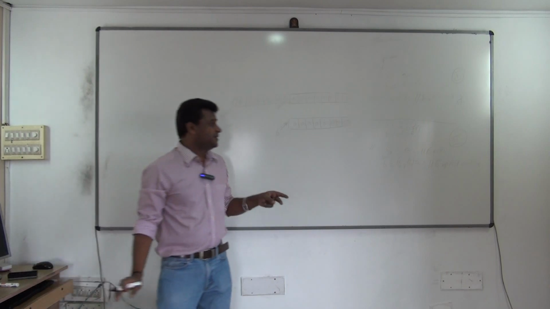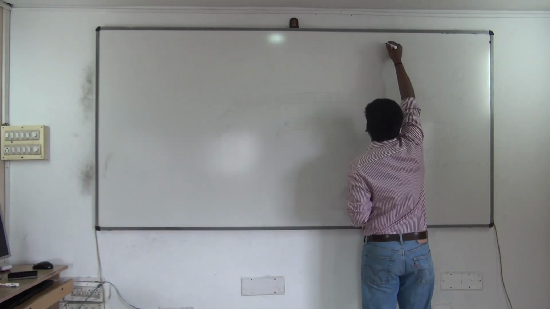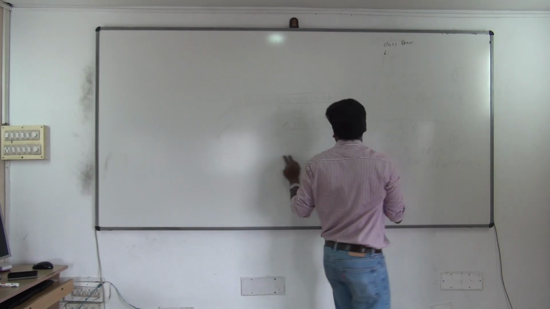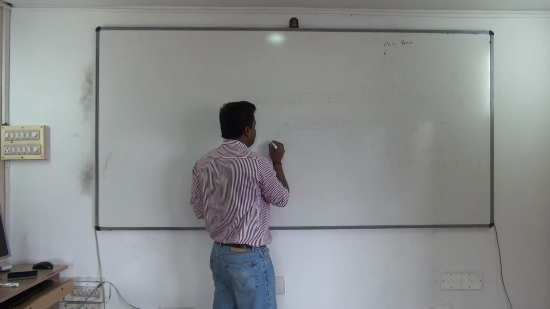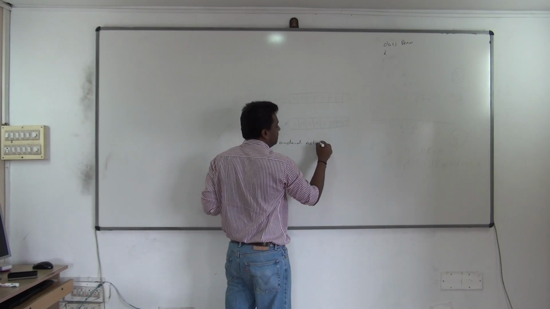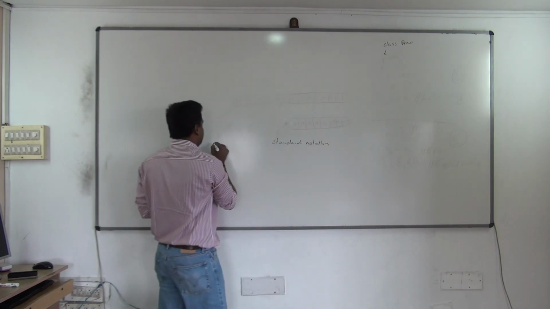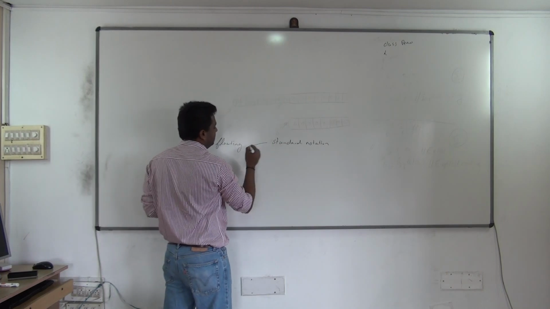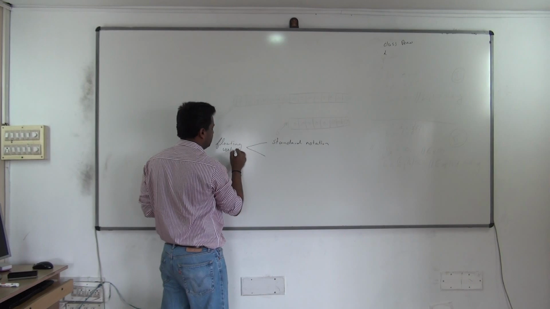Then one more. Yesterday I told it is correct, but only one thing I did was the double value. A double value can be represented in what way? Standard notation or your floating value. A floating value can be stored in what?